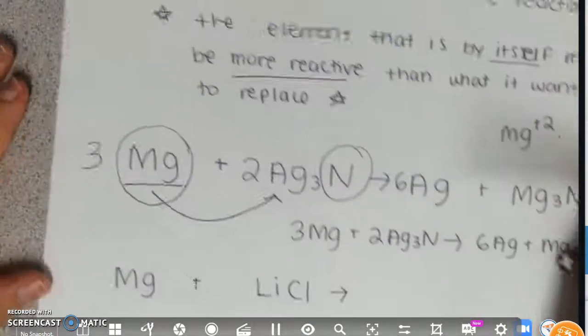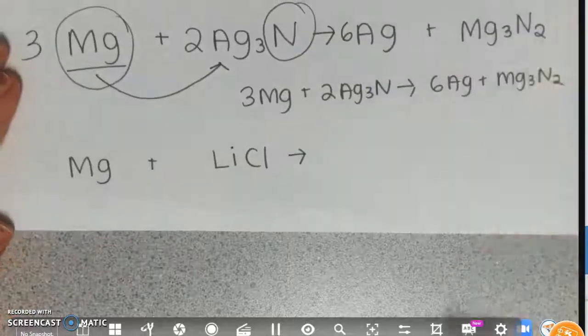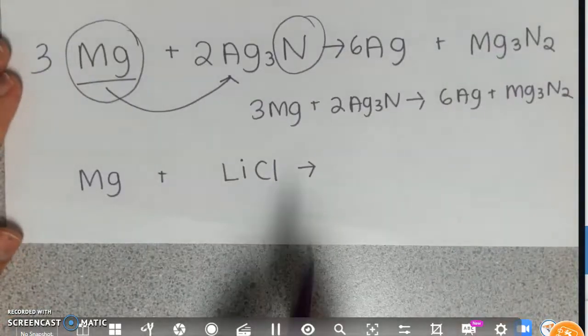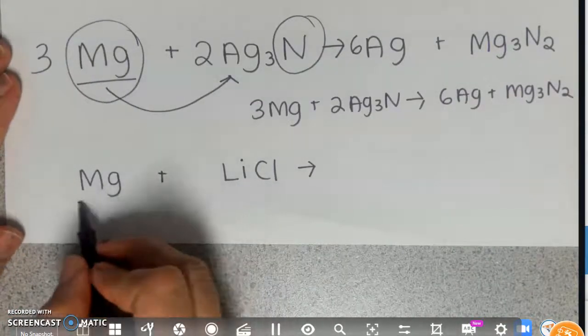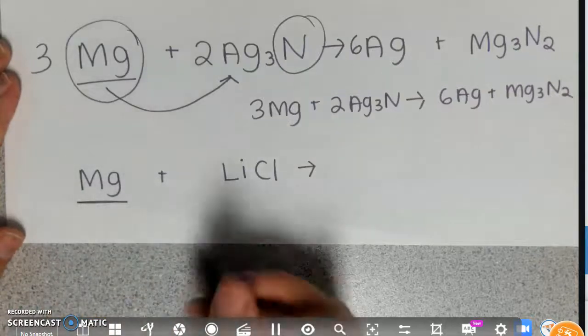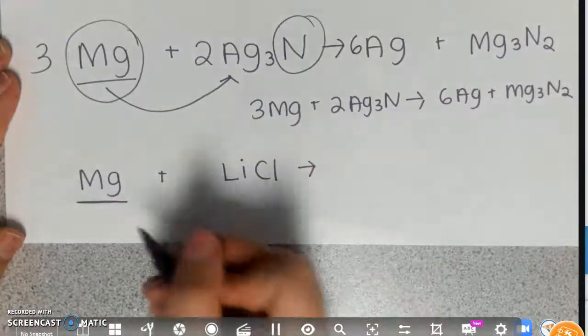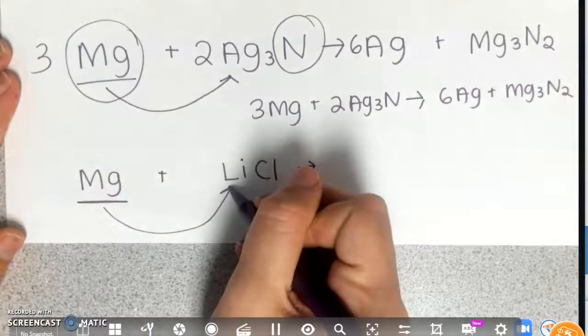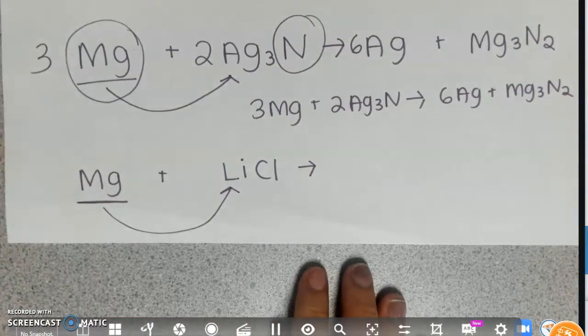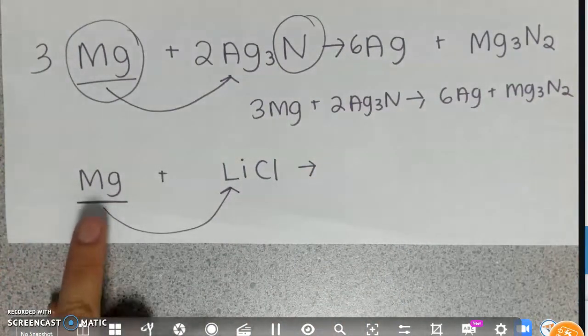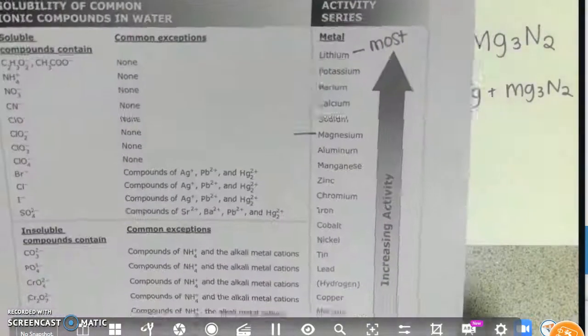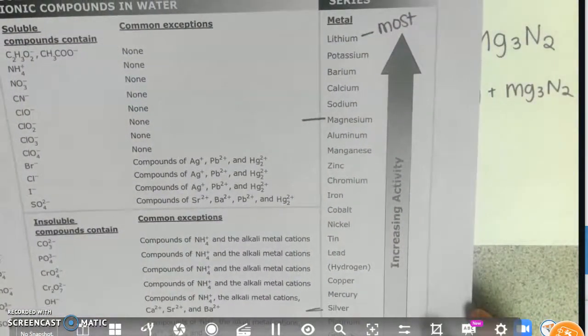Okay. Let's do another one. So this time we have magnesium plus lithium chloride. So magnesium is the metal. It wants to replace the metal in this compound. It wants to replace lithium. You go to your list. Magnesium, the element that's by itself, has to be higher on the list than lithium.